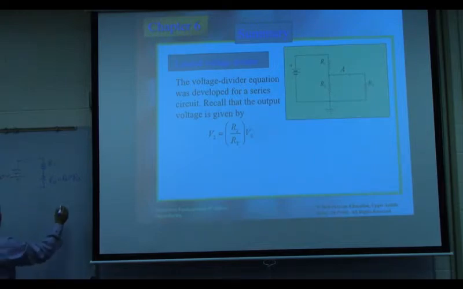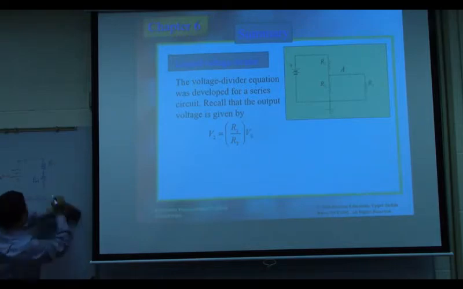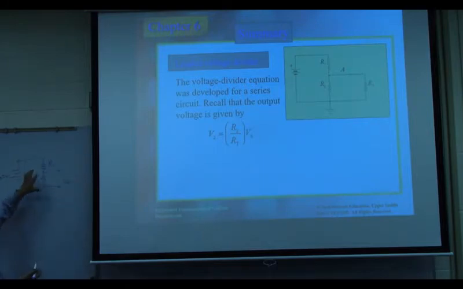What we want is the voltage. So R2,3 equals R2 parallel with R3. And what we want here is this voltage, V2,3. We know this V equals V2, which is what we want, and also equals V3. So now can you do this problem?